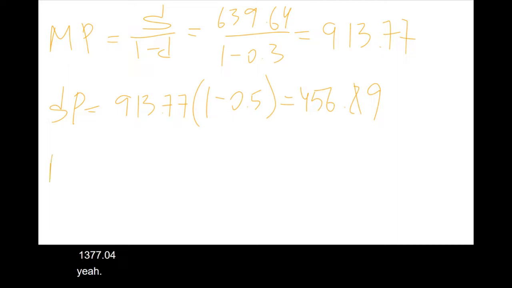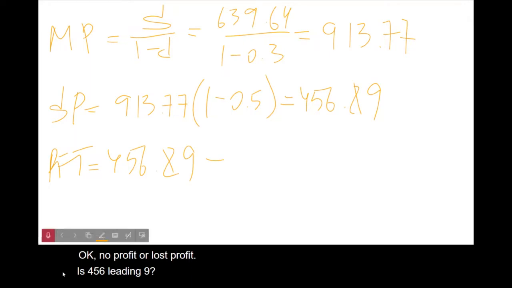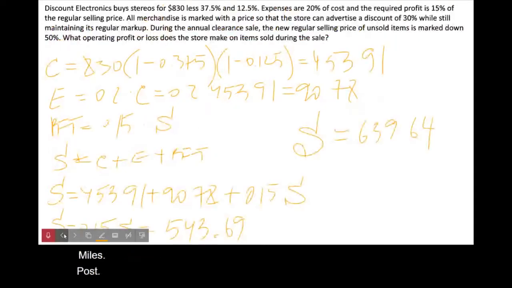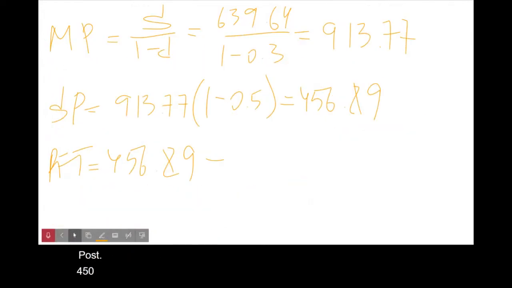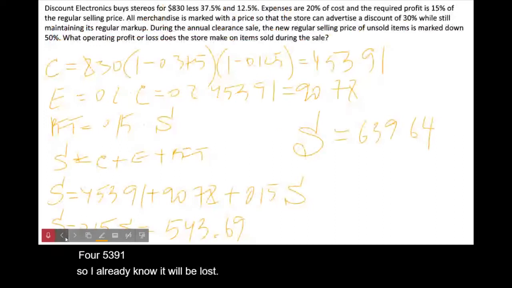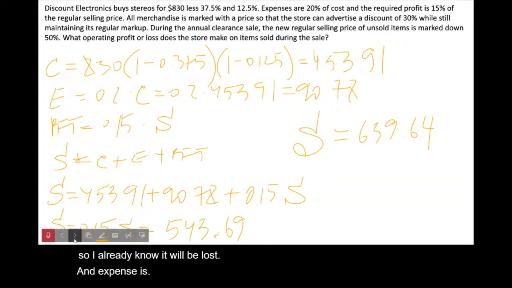Okay, now profit and loss. Profit is 456.89 minus cost 453.91. So I already know it will be a loss. And expense is 90.78.